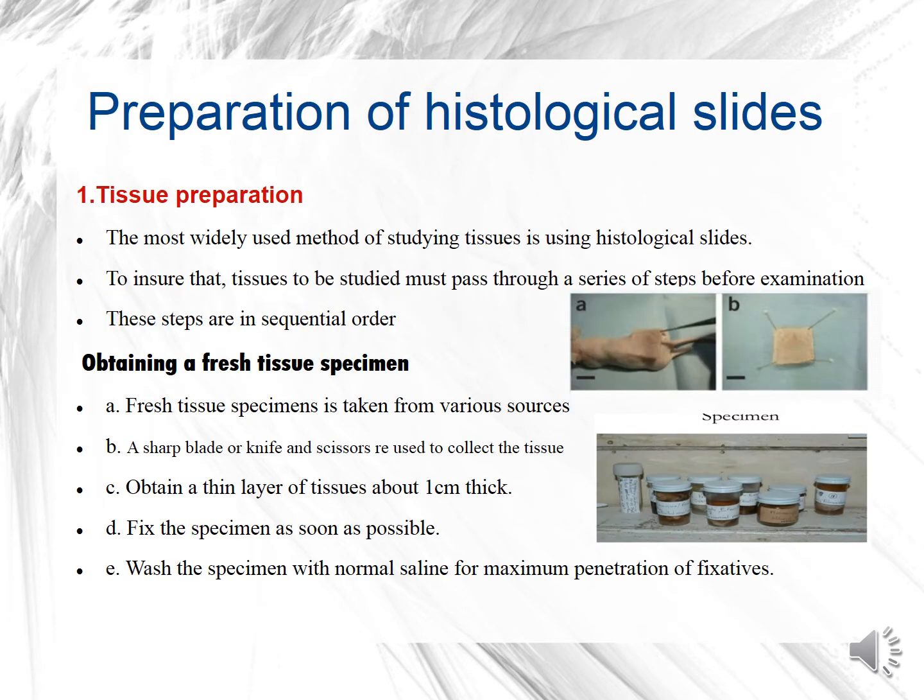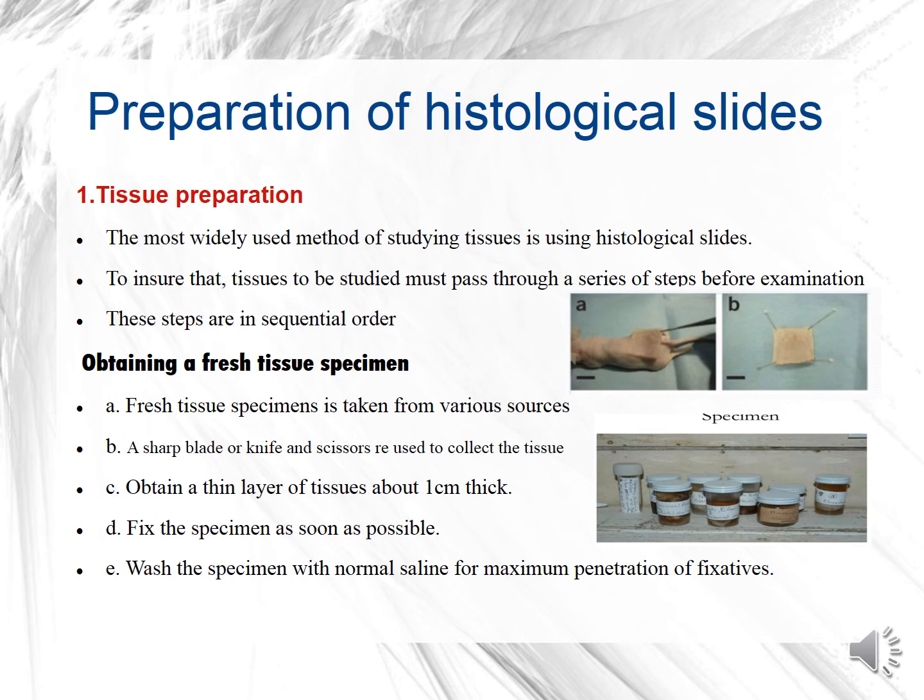Next is the preparation of histological slides. Before that, I have told about the instruments and their use. Now, coming to the preparation, how the histological slides are prepared through this microtome. Tissue preparation is the most widely used method of studying tissue with the help of histological slides.